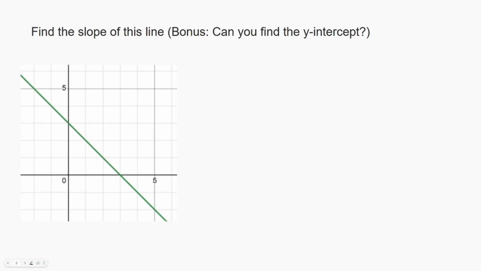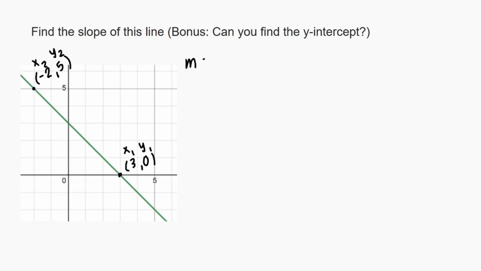Now, let's work on this question. First, we have to find 2 points like last time. We can do this point right here, which is negative 2, comma 5, and this point, which is 3, comma 0. And we can make any of these points the first point. So we'll just make this one the first point, and this one the second point.